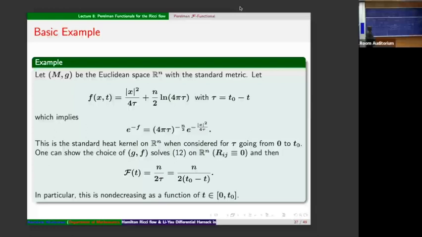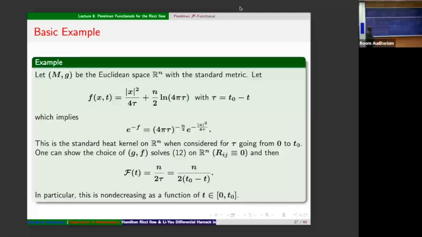So e to the minus f is now this, and you can couple this one with the v that will define the weighted measure. This is the standard heat kernel on R^n, when tau goes from 0 to t naught.